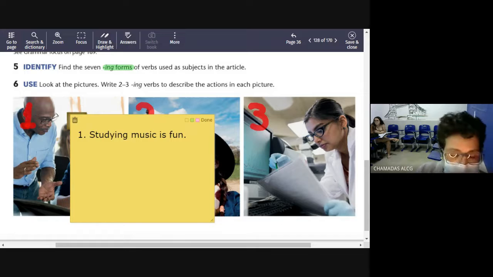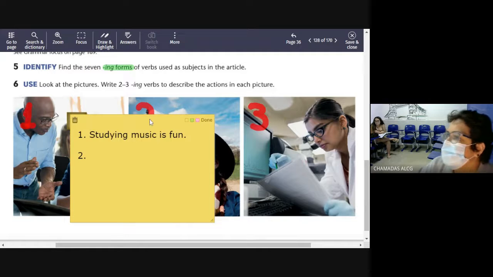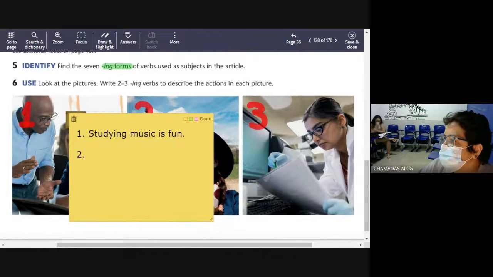Now, let's see picture number 2. All right. What is happening here in picture number 2? She is visiting France or Paris. So how can we make a sentence about that activity?